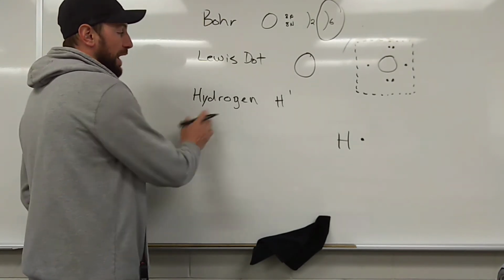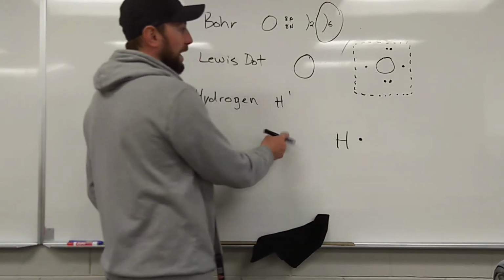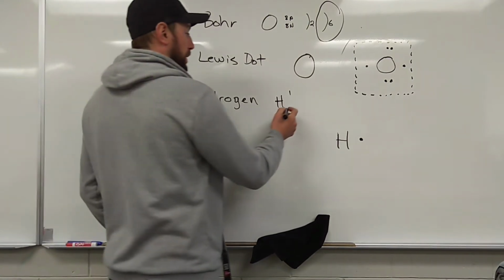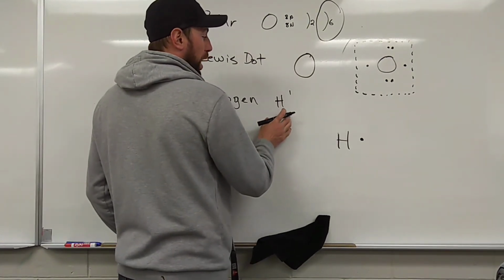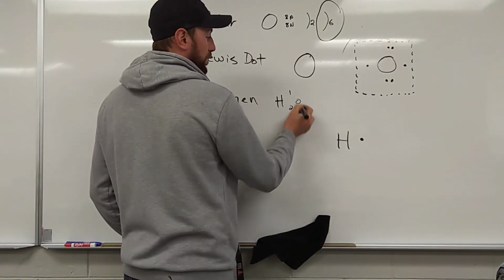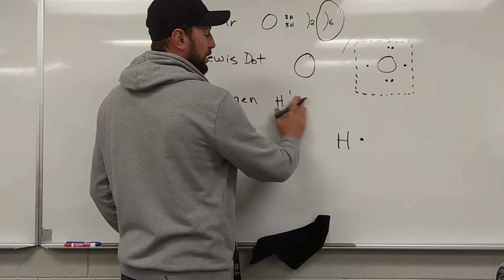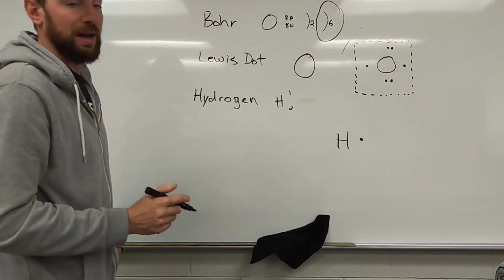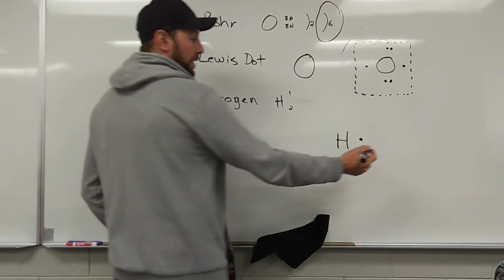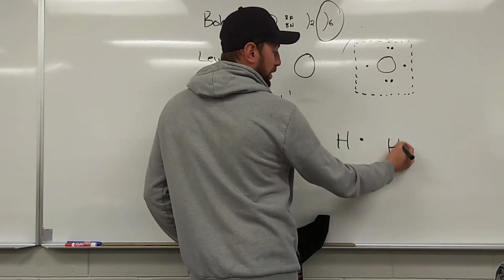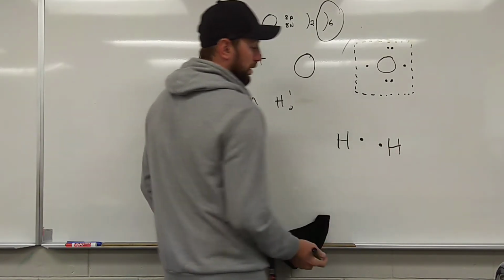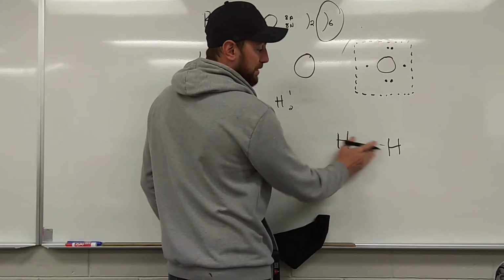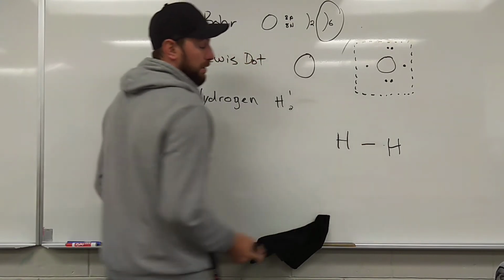So hydrogen is 1. Now, if hydrogen's going to form a covalent bond and make water, it would be H2O. Let's forget oxygen for right now, and let's just do H2, 2 particles of hydrogen. If I have hydrogen here in a Lewis dot and 1, these dots can be erased and be represented by a line.